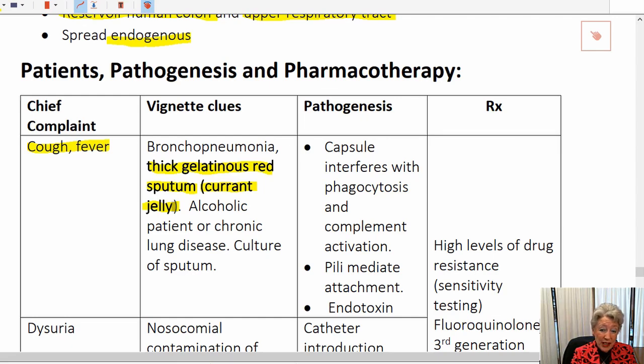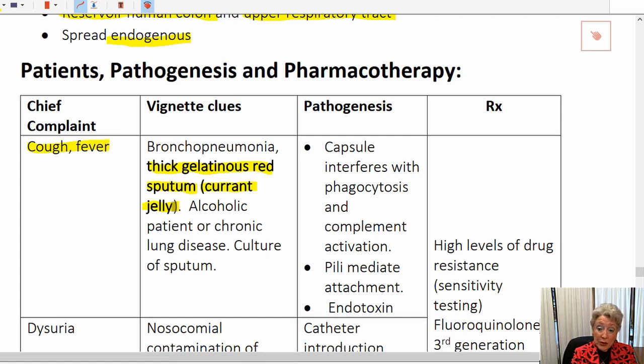Okay, currant jelly, in case you're not aware of it, is actually a very nice thing to put on toast in the morning. So I've always found that explanation somewhat distasteful, but it does get across the idea of bright and jelly-like.